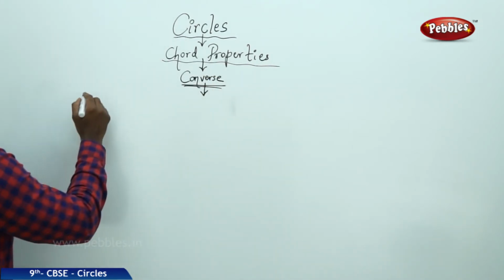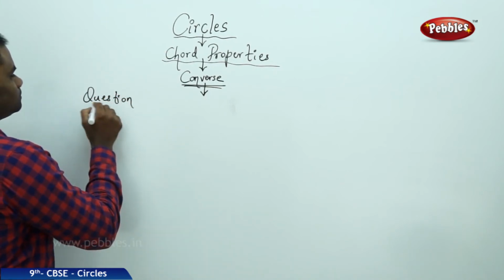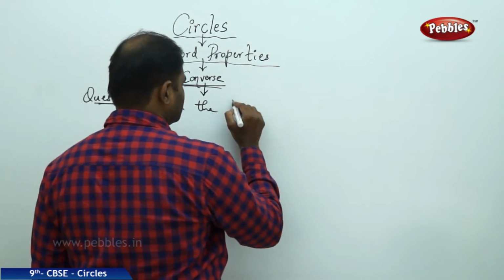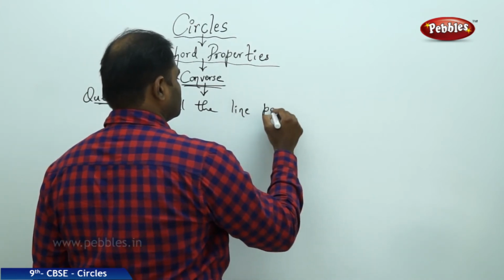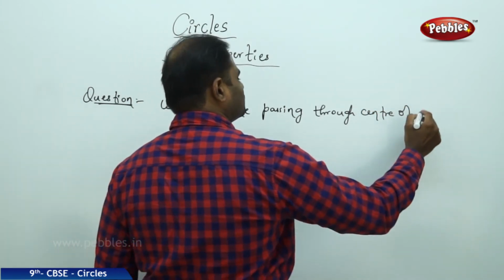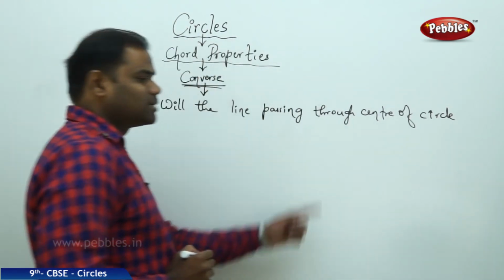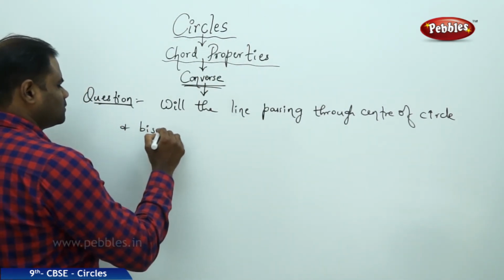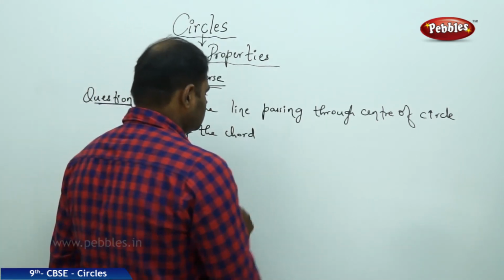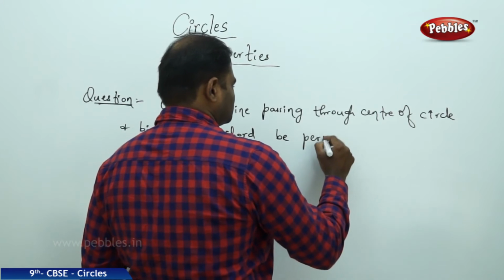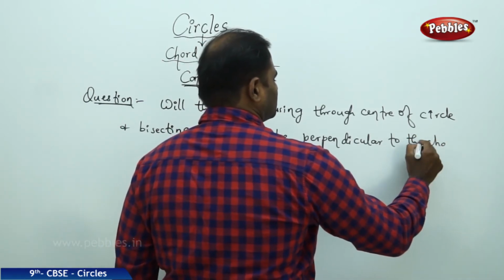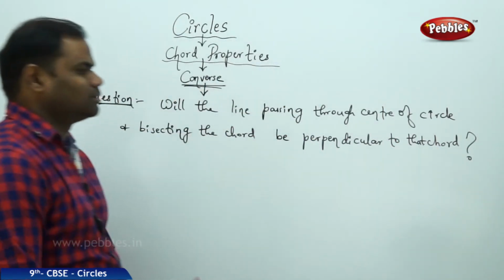So my converse question comes out to be, will the perpendicular line, or will the line passing through center of circle and bisecting the chord be perpendicular to that chord, is my question out here.